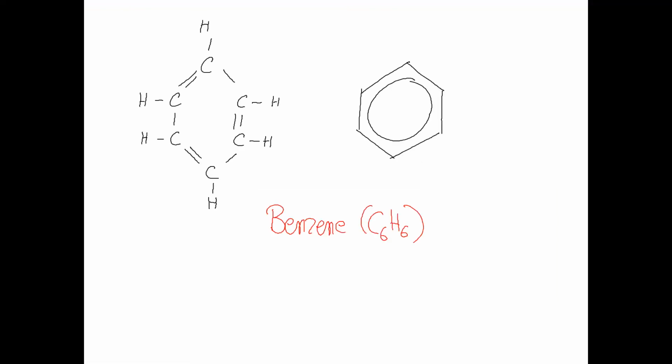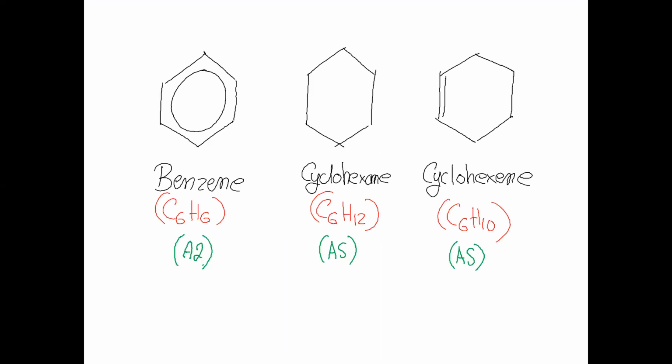Now look at this structure. It is called benzene, C6H6, benzene, cyclohexene. These are compounds which are called ring compounds. These are also part of the skeletal version.